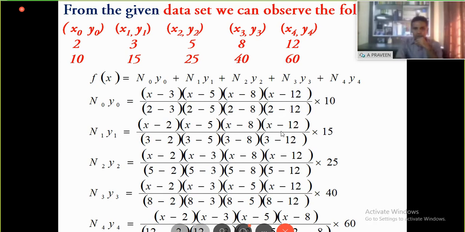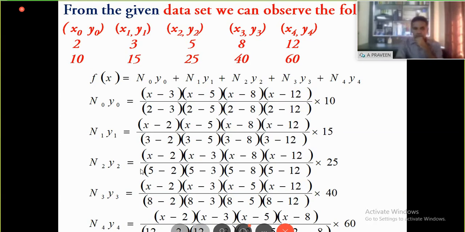So you have the numerator. Now, what is the corresponding denominator? You have all values deducted from x1. So x1 is 3: 3 minus 2, 3 minus 5, 3 minus 8, 3 minus 12, multiplied by y1. What equals y1? Y1 is 15.